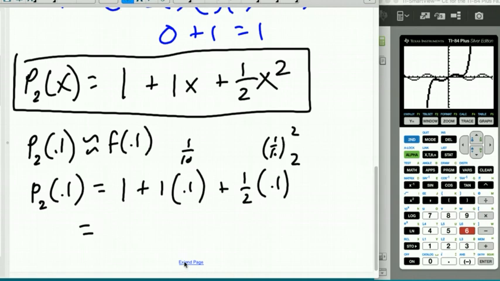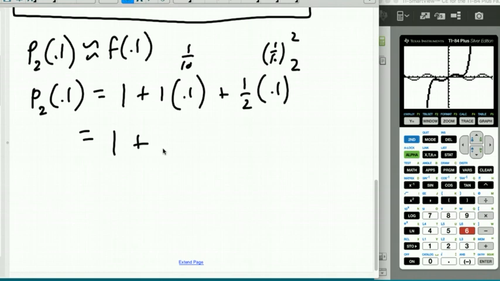So this is a 1 plus a 0.1 plus, this is a half of a hundredth. There's a couple ways to think about this if you don't have a calculator. So half of a hundredth, if you think about this as 0.010, half of that would be 0.005 because half of that 10 would be 5.